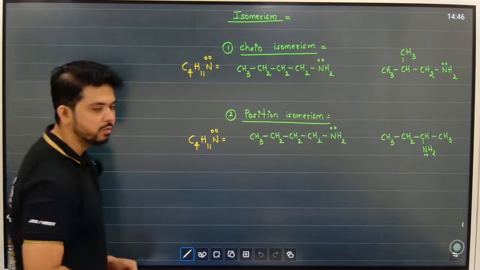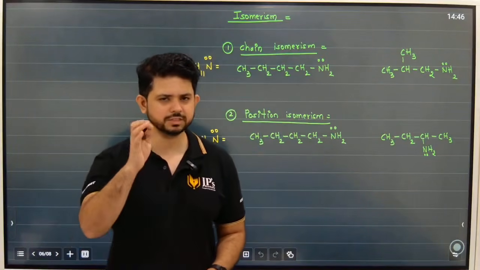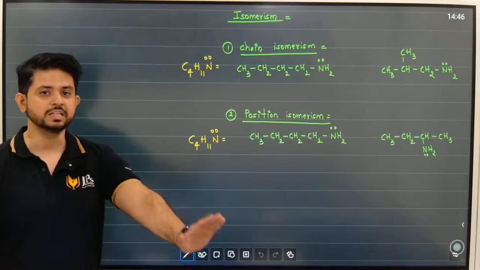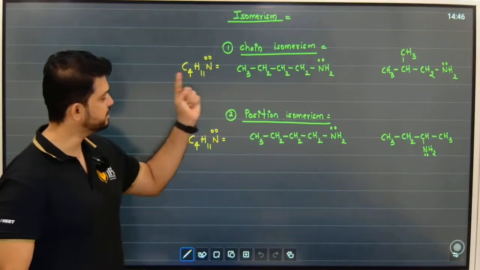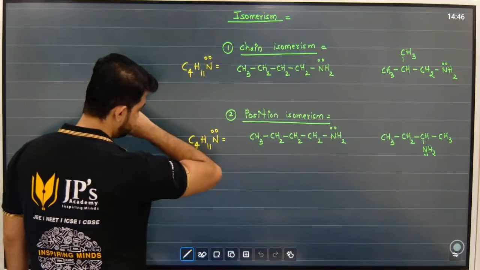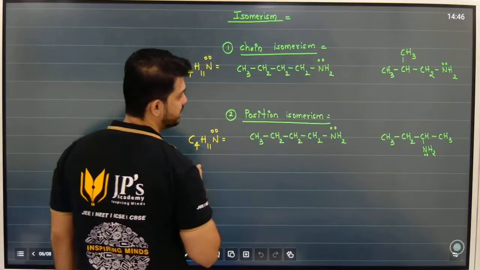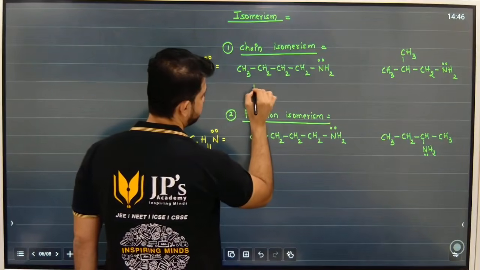Now let's move ahead with the different types of isomerism shown by amines. The first basic type of isomerism is chain isomerism. What we observe here is C4H11N. So I can have a straight chain, which you can call N-butylamine or butanamine, straight chain.